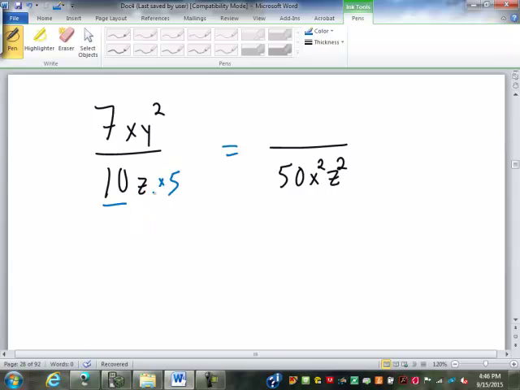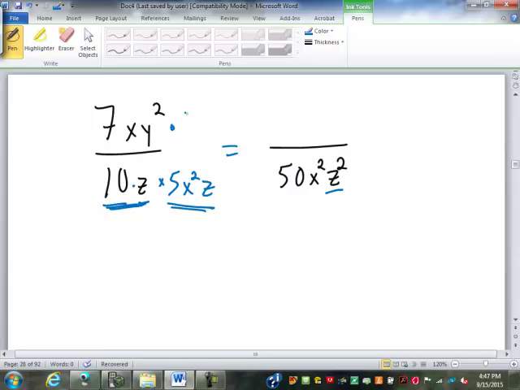Now, before I look at the z, I got an x over here. How do I get the x squared? Well, times x squared. There are no x's here, so I got to do the whole thing. Times x squared. Anything with the y's? Nope. How about z? Yeah, I'm going from a z to a z squared, so I have to multiply by z. So to get from 10z to 50x squared z squared, I multiplied the 10z by 5x squared z.